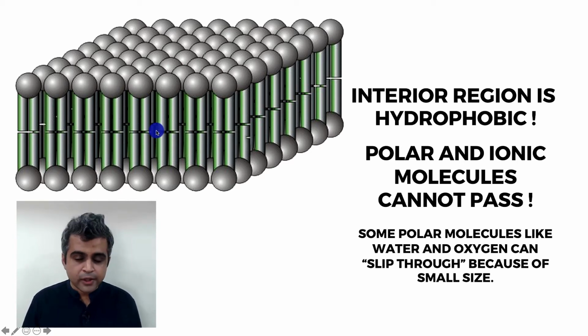So water molecules and oxygen can move in and out quite easily through a plasma membrane even though they are polar. But bigger polar and ionic molecules will not be able to pass. So keep this in mind before we continue further. The interior region of the phospholipid membrane is hydrophobic. Polar and ionic molecules cannot pass, and some molecules like water and oxygen can slip through because of their small size.